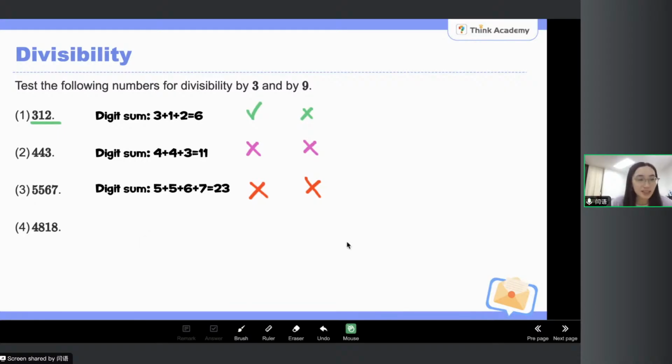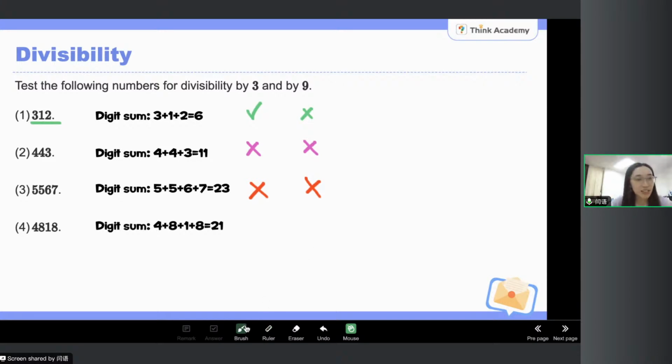4,818. What is the digit sum? Quickly have a try. Okay, good. 21.